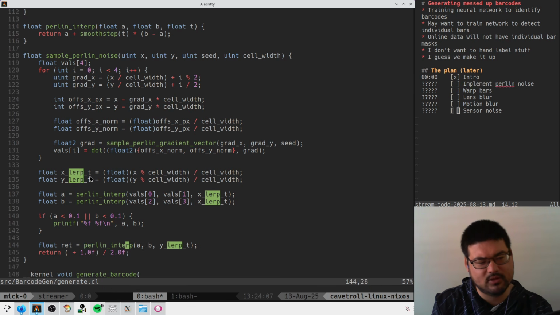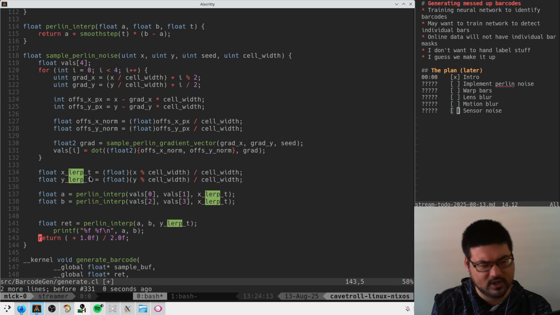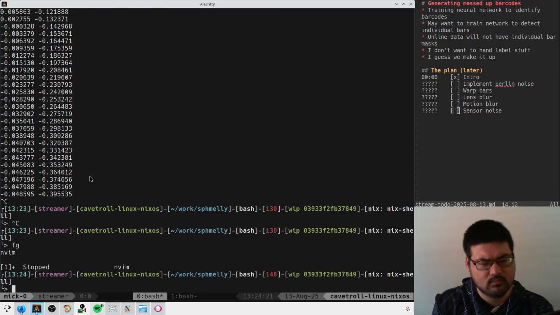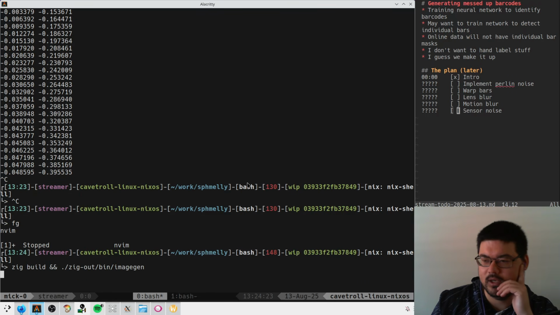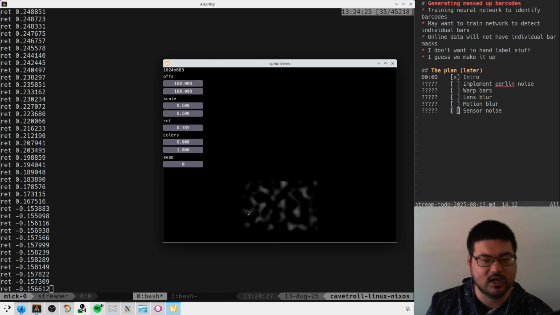Oh, maybe the range was wrong. Maybe I was wrong about the negative 1 to 1. Maybe we were just assuming. No, they do get negative sometimes.